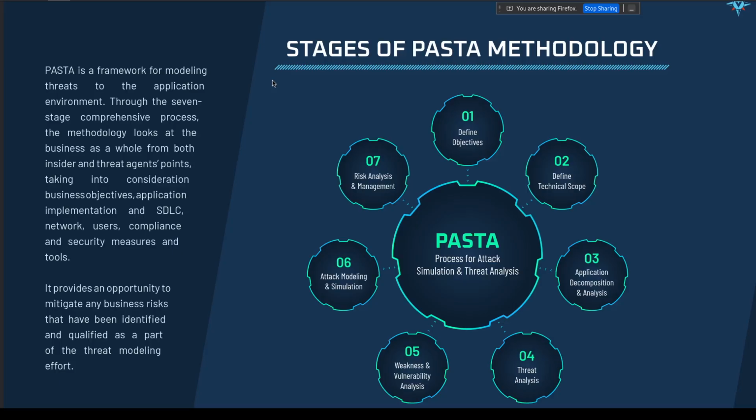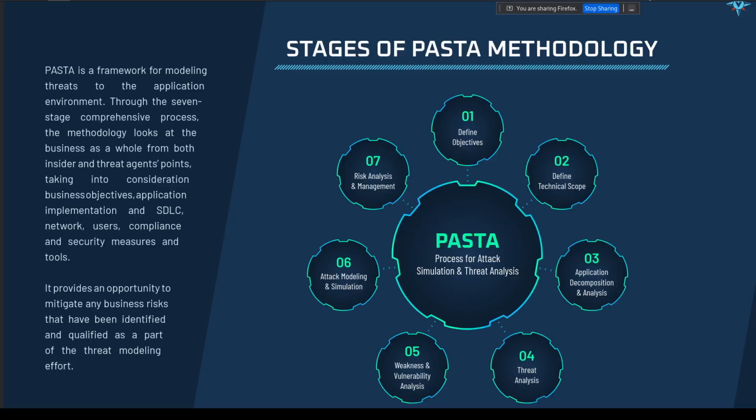So this PASTA methodology or framework has various phases. There are totally 7 phases. Each phase is dependent on the others, so without doing one phase, you cannot jump to another phase. It's basically an iterative approach. The first phase is about defining objectives, which we'll go into in more depth.